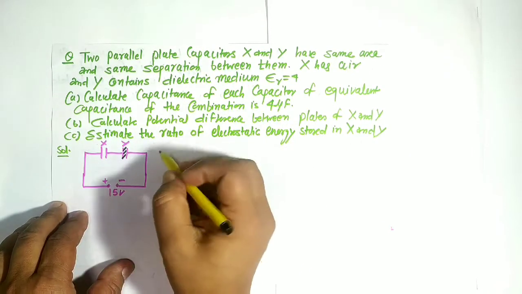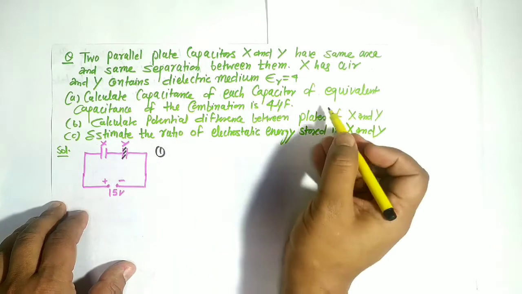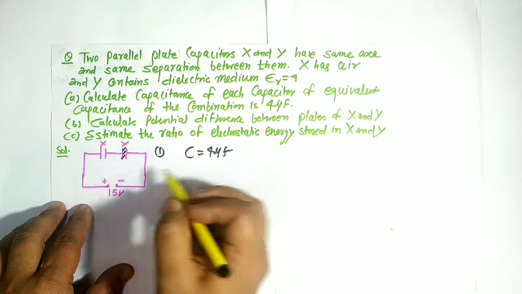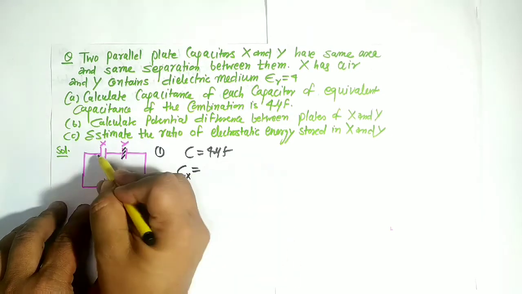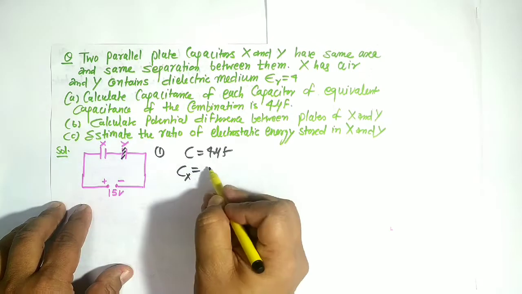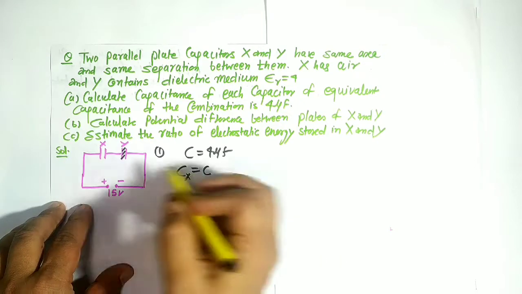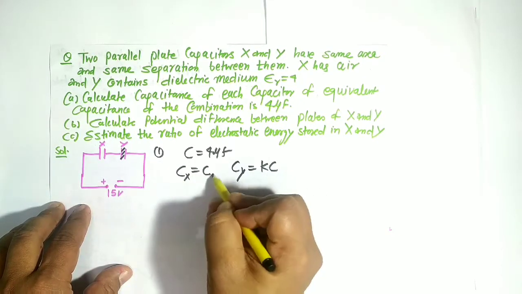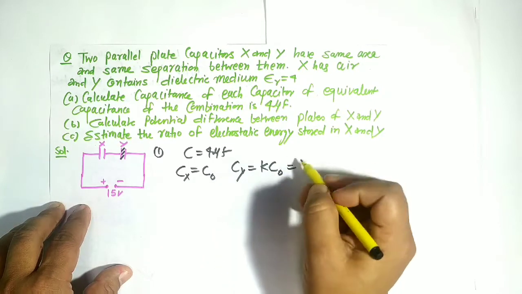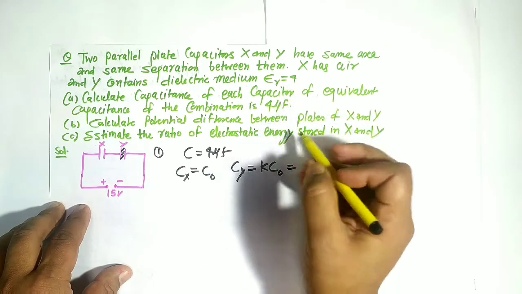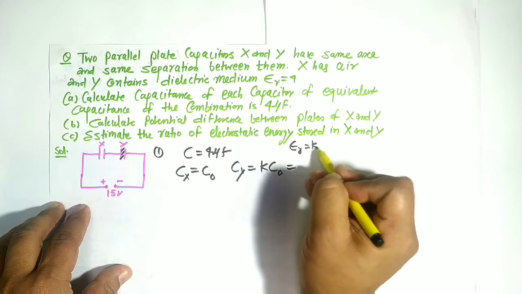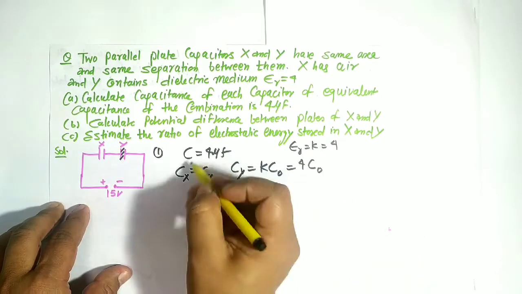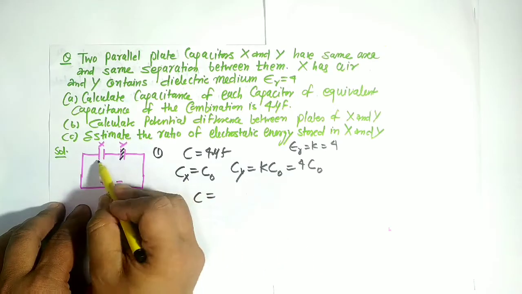So first you have to calculate capacitance. Net capacitance is given. What is that? 4 microfarad. Say Cx is considered C naught. And what is Cy? Remember, K times C naught. What is K? It is epsilon R, that is 4, so 4 C naught. And C is the net capacitance.